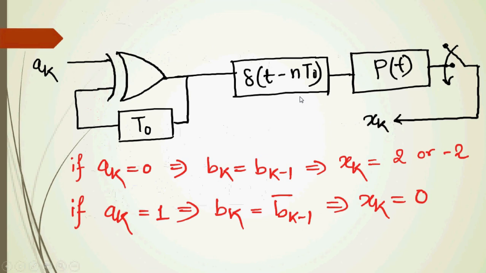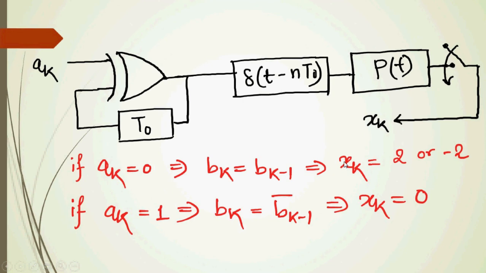So this is the block diagram. AK is the data, here is BK, and the delayed version is BK minus 1. You are doing XOR with that. So this is some kind of differential thing we are doing here. Here are the impulses, and here is a pulse shaping filter, and you get the output sample value.